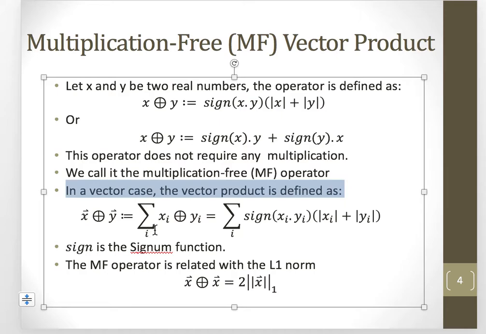It's basically summation over i, xi ⊕ yi, and it's summation over i of sign of xi times yi, times absolute value of xi plus absolute value of yi. The multiplication free operator is related with the L1 norm. So if I have x ⊕ x, I get 2 times the L1 norm of x.